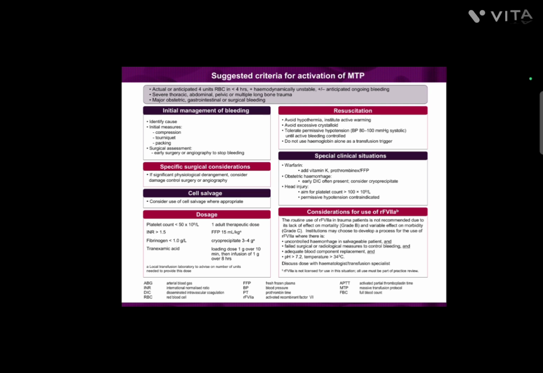If the fibrinogen level is less than 1 gram, then we should go for cryoprecipitate, 3 to 4 grams. In the meantime, we can give 1 gram of tranexamic acid within 10 minutes. Then we can go for an infusion of 1 gram of tranexamic acid over 8 hours.